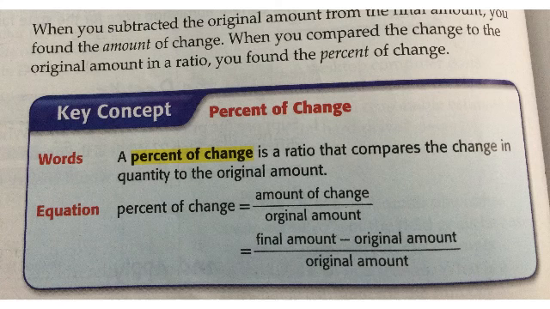So right here is the formula we're going to use for percent of change. It's equal to the final amount minus the original amount, divided by the original amount, and then we multiply by 100 to make it into a percent. Otherwise, we move the decimal 2 places to the right. That's what multiplying by 100 does. You'll hear me say that a lot: final minus original divided by original to find that percent of change.